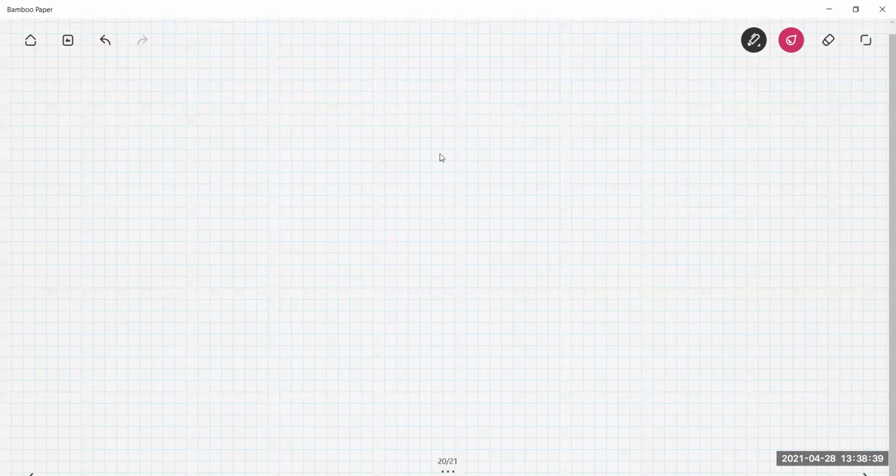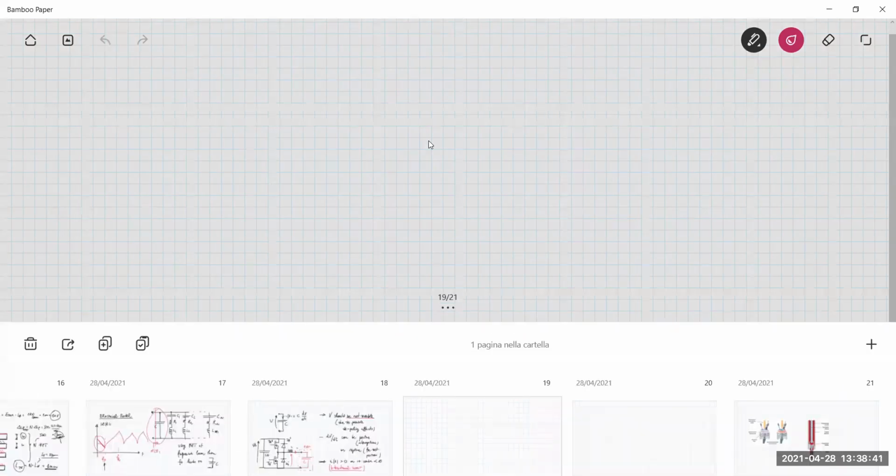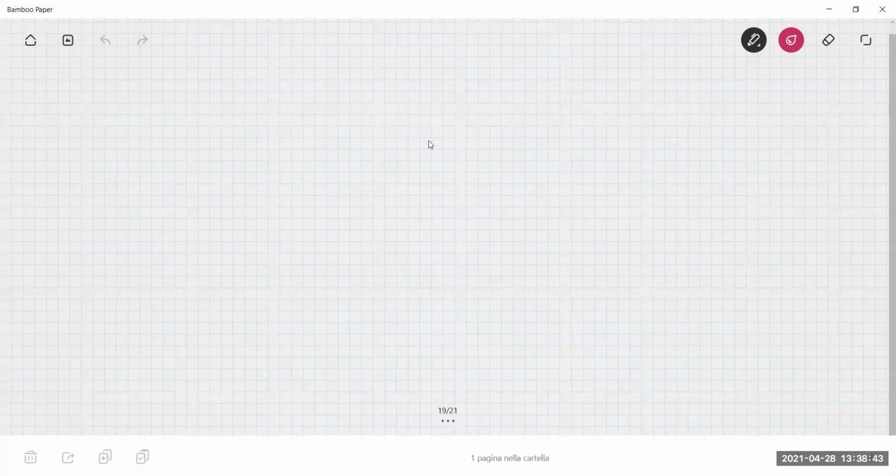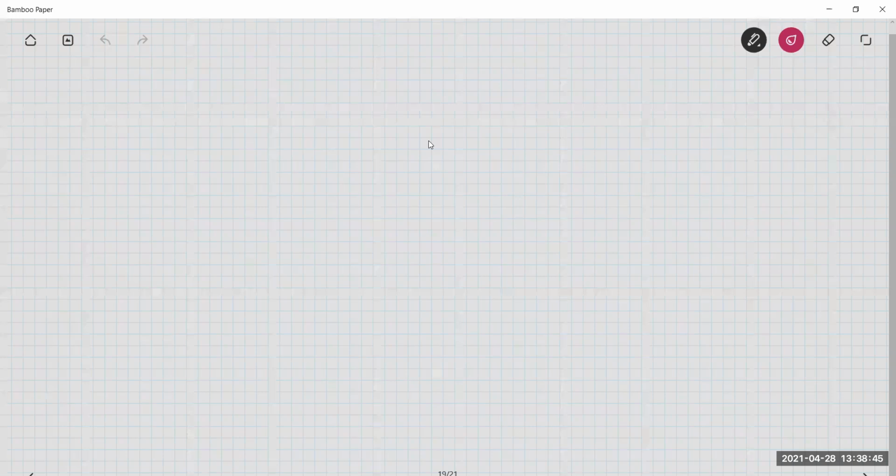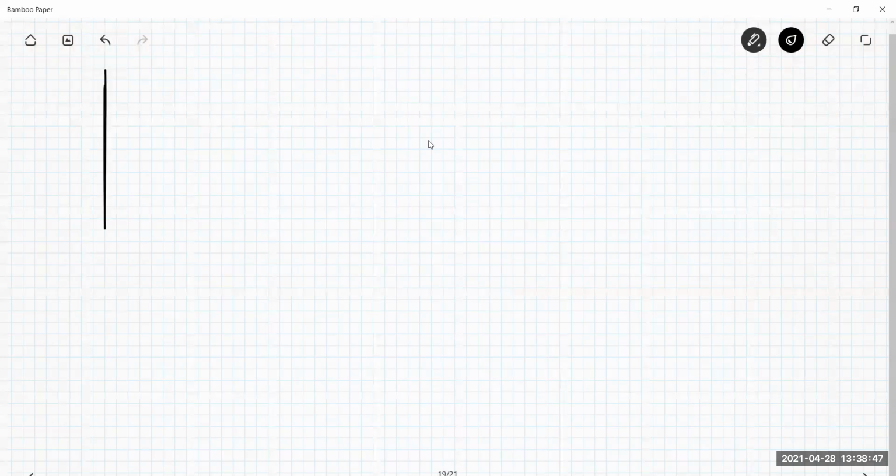So suppose that now, to acquire more insight into the behavior of this circuit, let me consider the waveform of the voltage V I'd like to apply across the piezoelectric material.